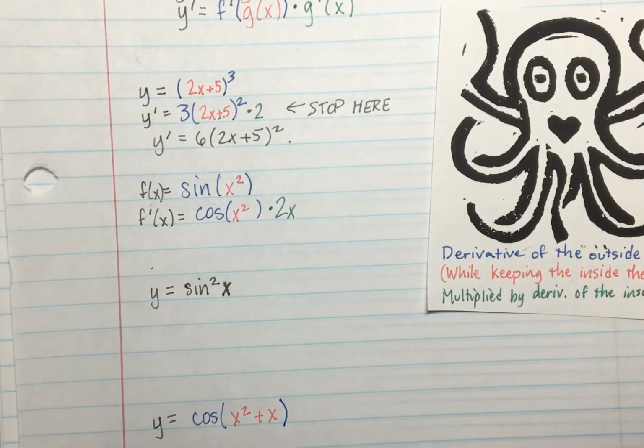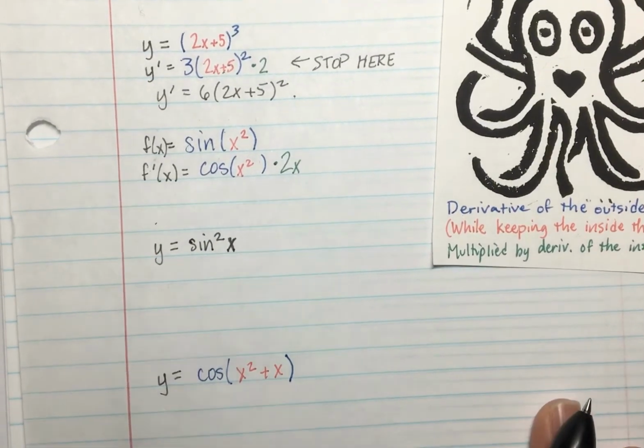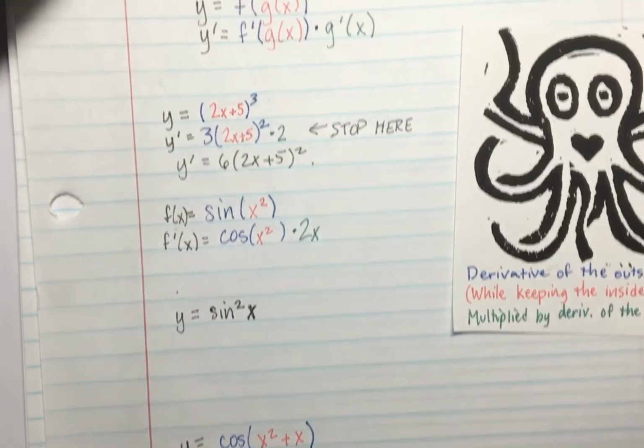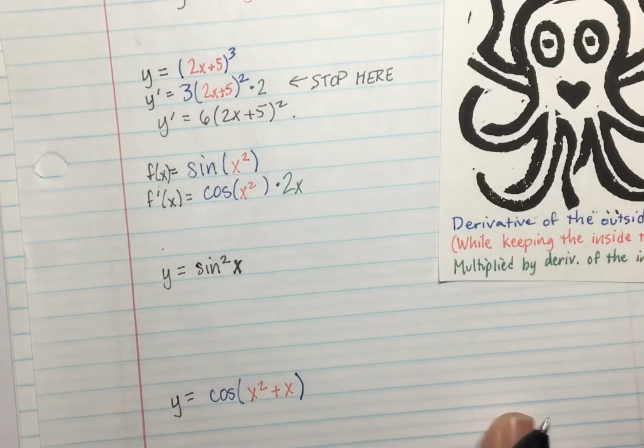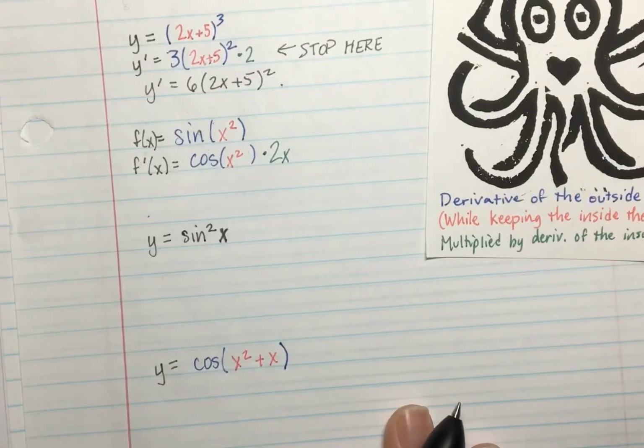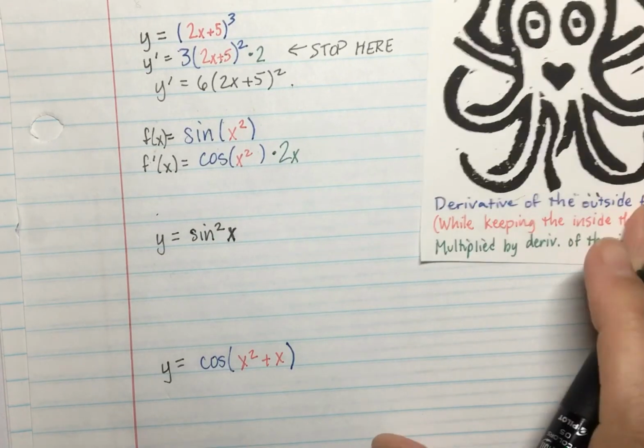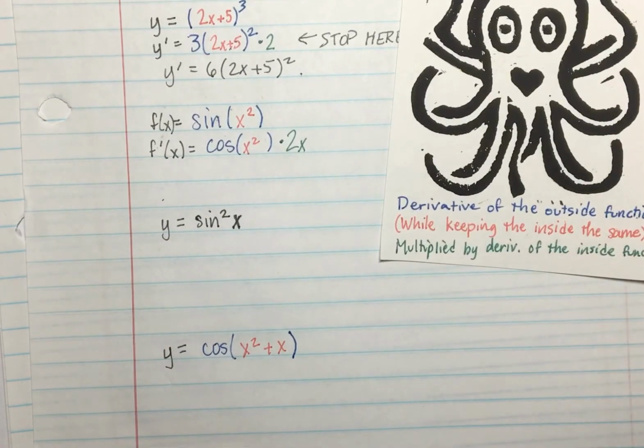Okay, another example here. And this is where it's going to get even weirder. So looking at sine squared x, which is how things get written, it's not clear what the inside versus outside is. This is one of those things you have to automatically know.